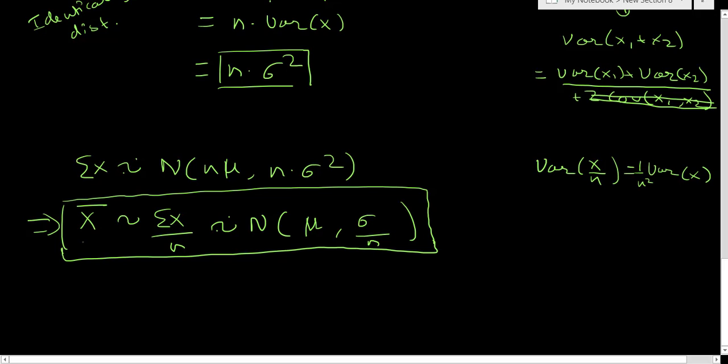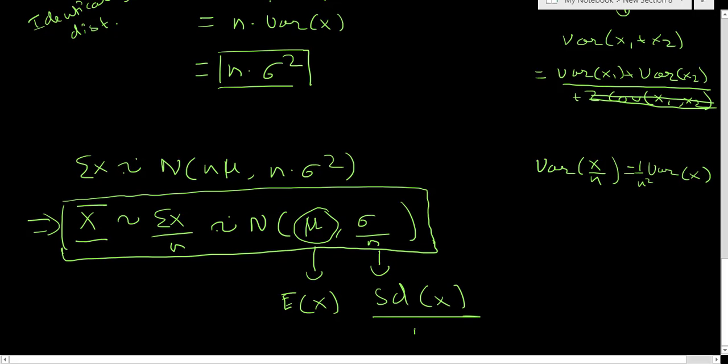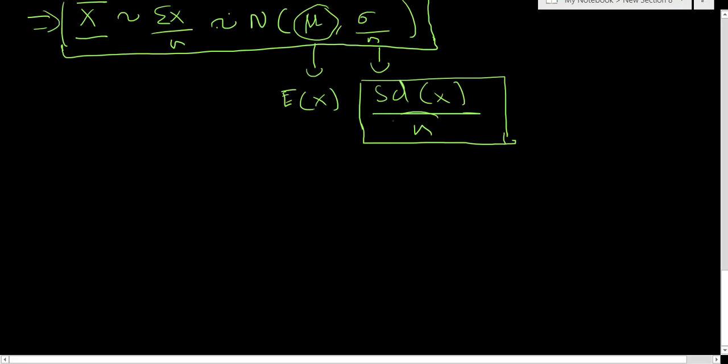The mean of the sample mean x bar is mu, which is the same as the mean of x. This is the same as the expectation of x. But the standard deviation is SD of x divided by root n. This shows that when I add up a lot of variables, the standard deviation of the mean is actually reduced by a factor of root n. So this can be interpreted very easily.